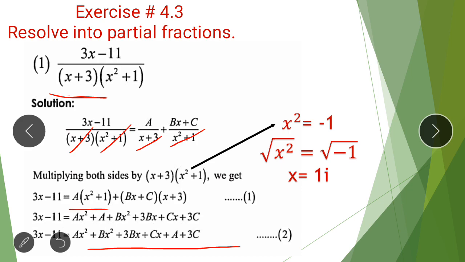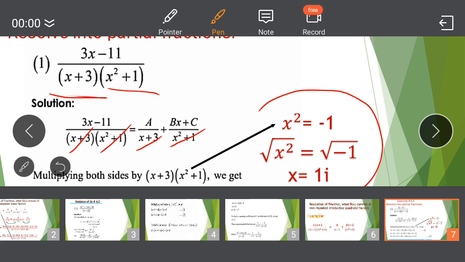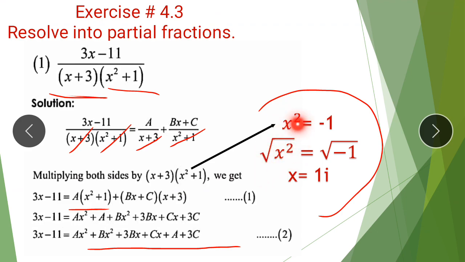Why we cannot derive the value of x from the quadratic factors is justified here. If we just try to find the value of x from the quadratic factor, what will be the result? Here x squared, when 1 is shifted to the other side, we will get minus 1. In order to find the value of x, we can take the square root on both sides, and since the square root of minus 1 does not exist in real numbers, it is imagined as iota, an imaginary number.